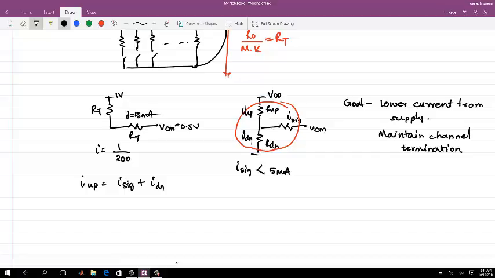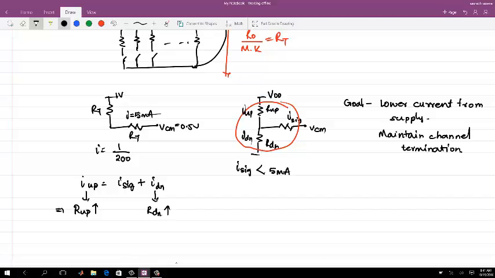Now I want to reduce this and this, but first I should have the same signal current because I want a different output swing, right? So how will I scale I up and I down? Increase R up. This basically implies that I increase R up and R down.